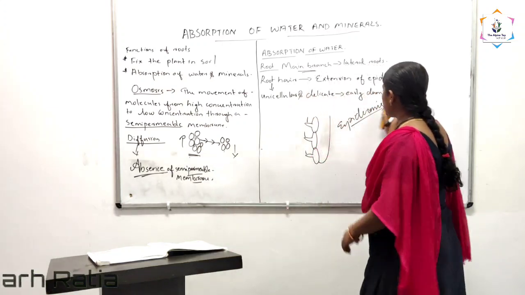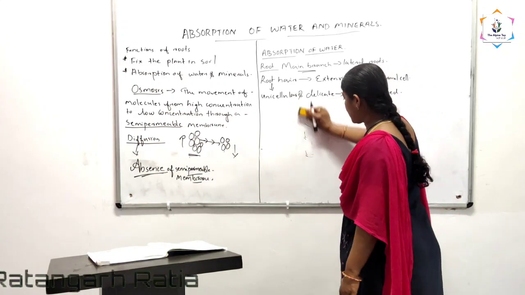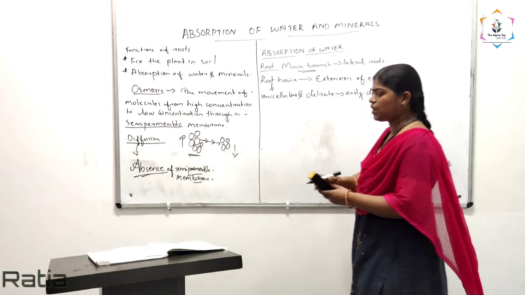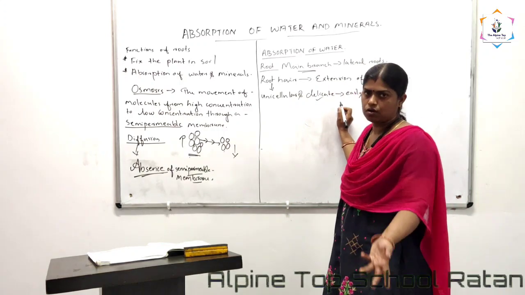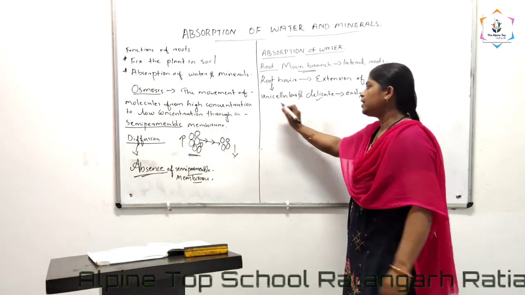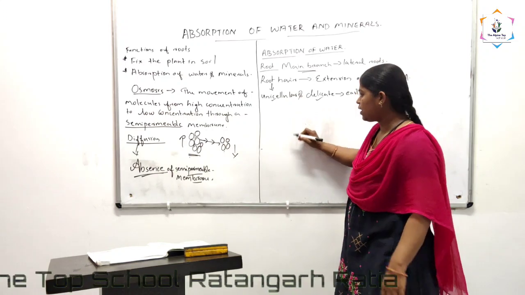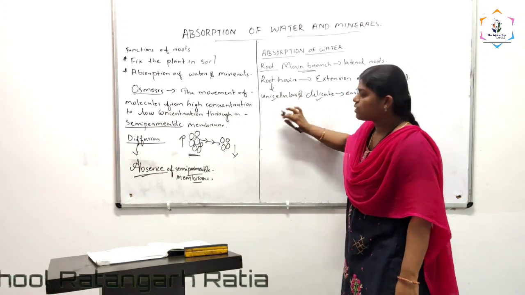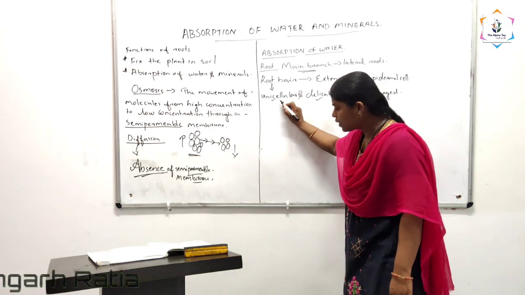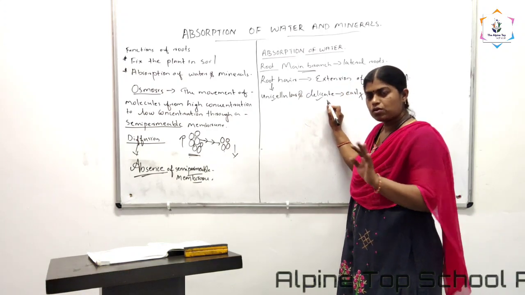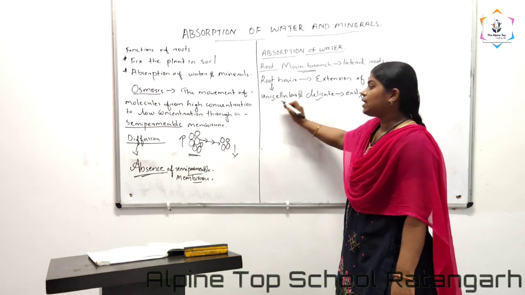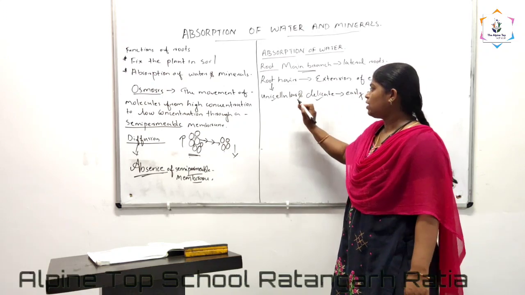Another speciality of the root hair is that it is very, very delicate, means it is not that strong. It is very soft and it is unicellular. As we know, a single epidermal cell is making that extension, so it is unicellular, a single cell, and it is delicate also. Because of that, it should be replaced daily. Why?